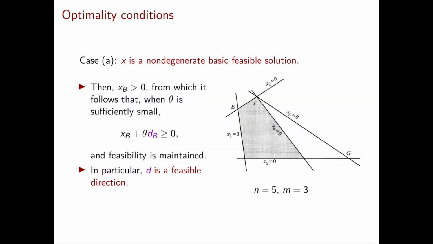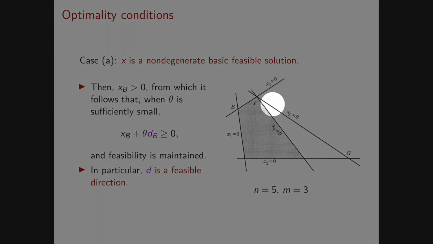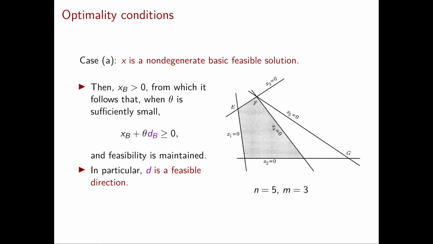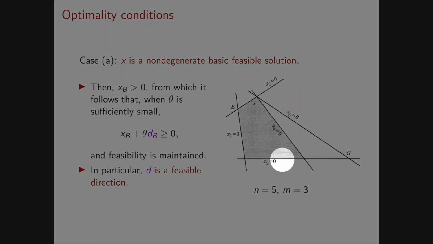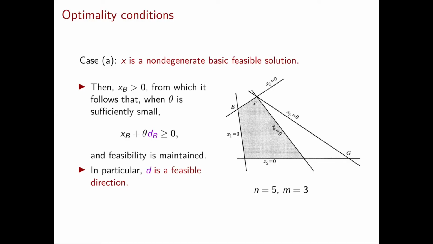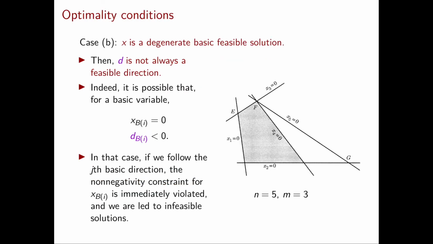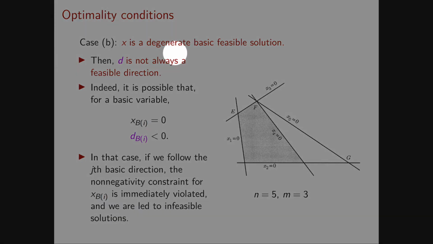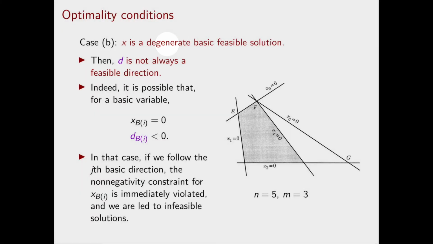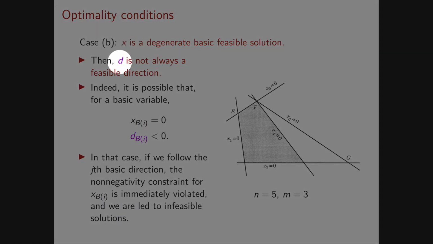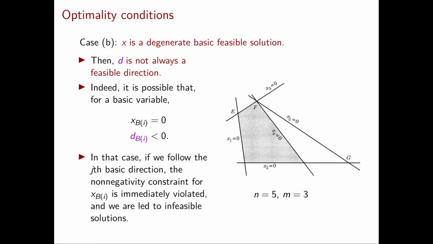And this is simply because all the basic variables x3, x4, and x5 are strictly positive at this basic feasible solution. So informally, in order to violate any of them going in this direction, we need to travel a positive distance. Unfortunately, things don't go as nicely in the case where x is a degenerate basic feasible solution. In fact, in this case, it might happen that D is not a feasible direction.